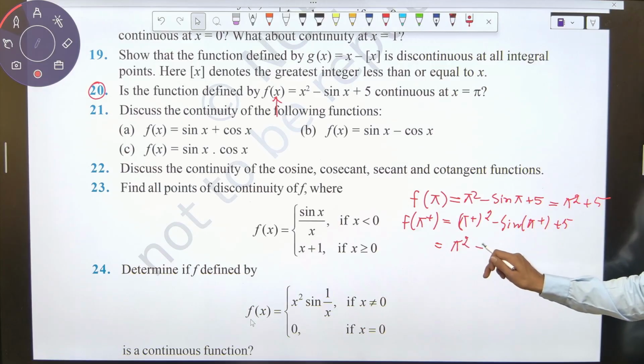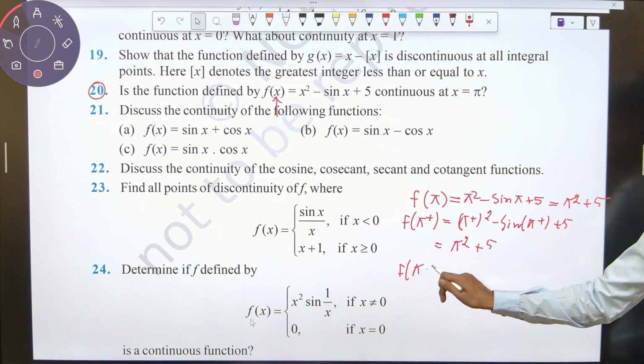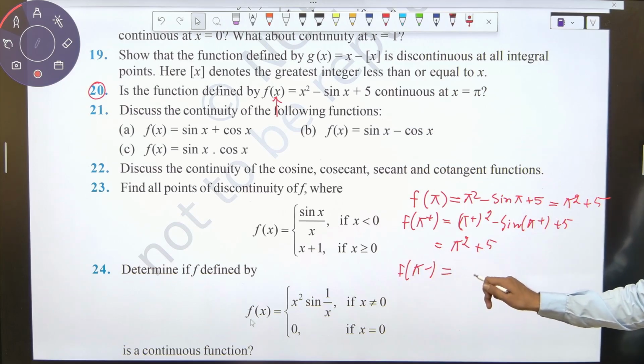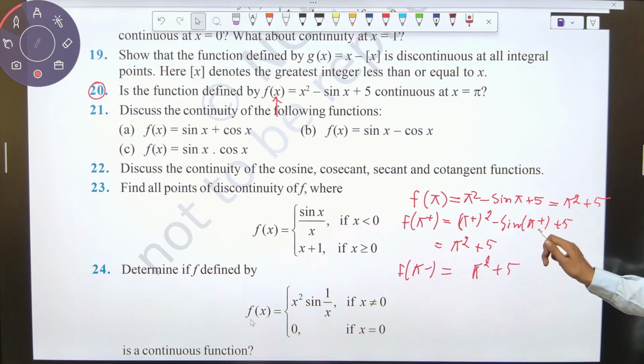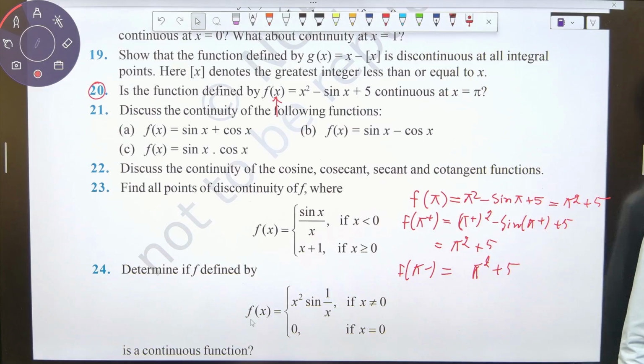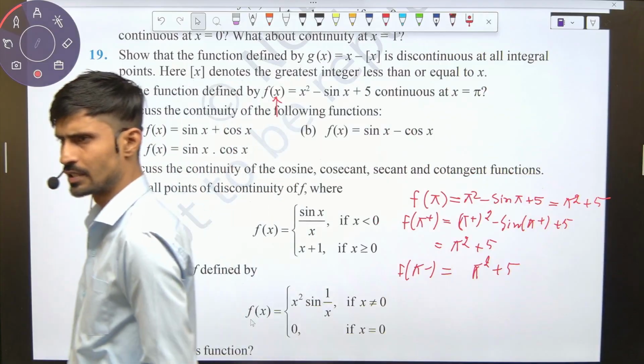This will become 0 and then plus 5. Pi minus, again that will become pi squared plus 5, because sine pi minus will be 0. Sine pi, sine pi plus, sine pi minus, all three are 0. Okay. All three are equal, so it is continuous.